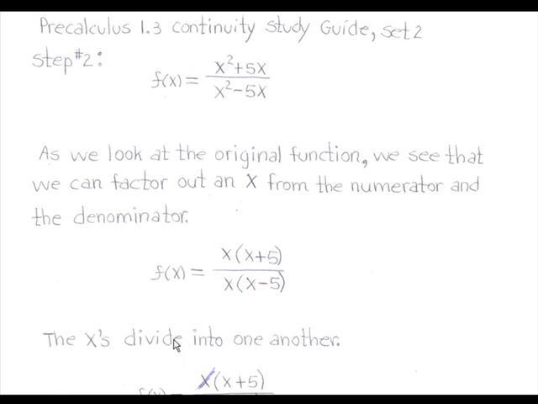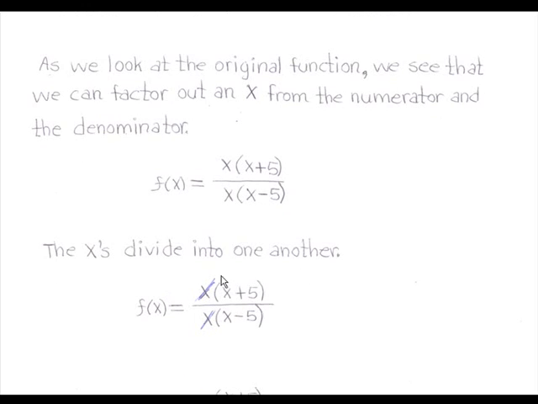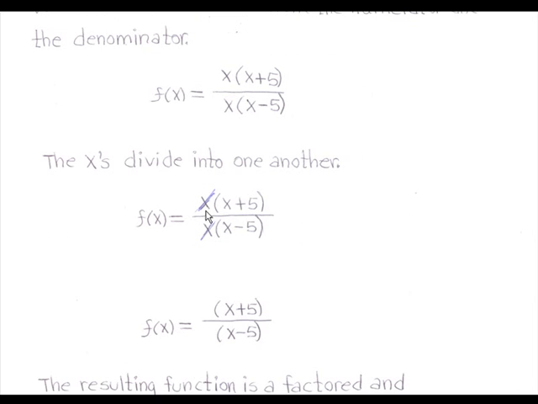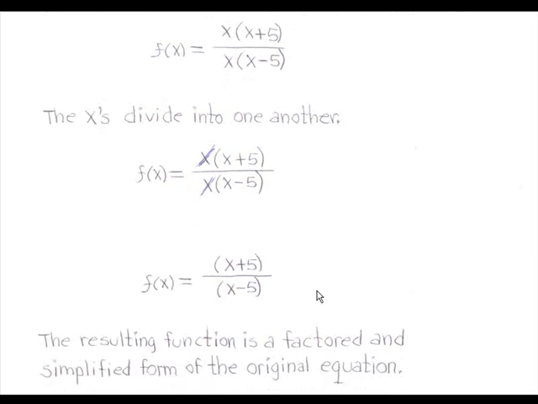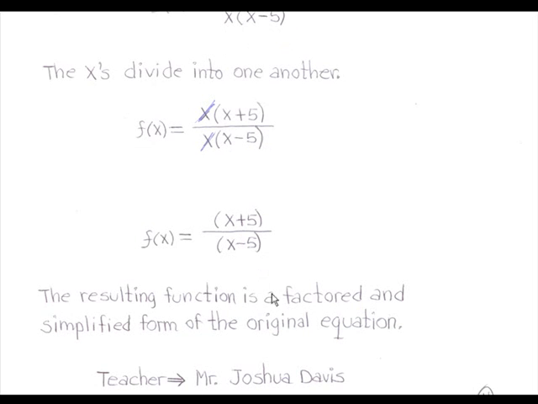Notice that the x's divide into one another. They are common factors in the numerator and the denominator. So those common factors divide out, and we're now left with f of x equals x plus 5 divided by x minus 5.